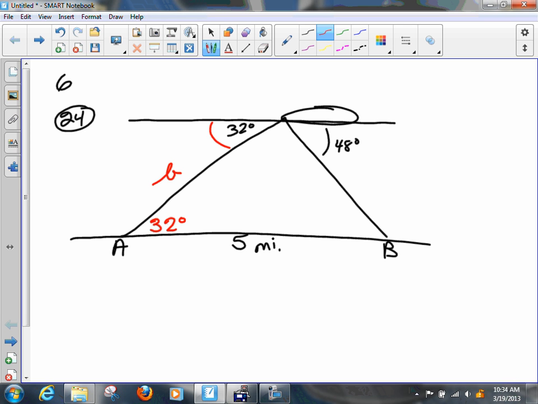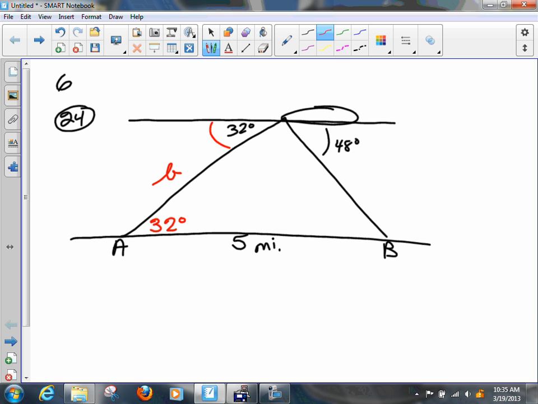Anybody? Alternate interior angles. You're welcome.